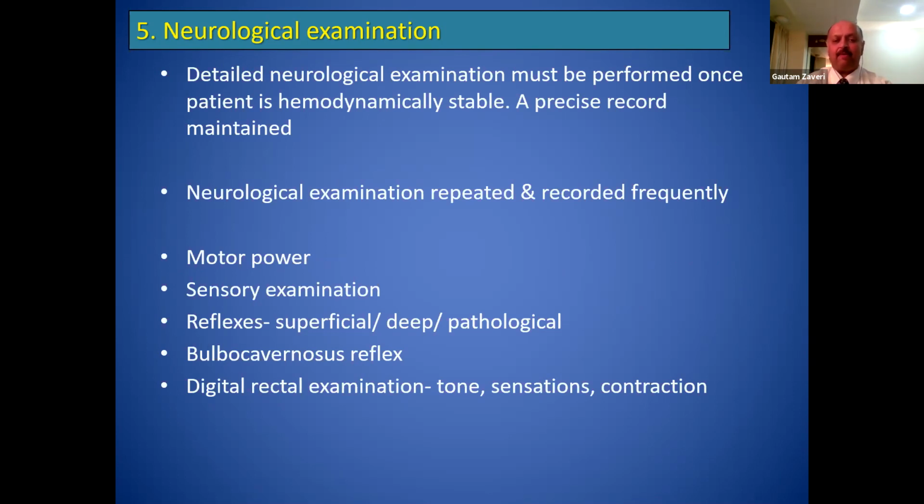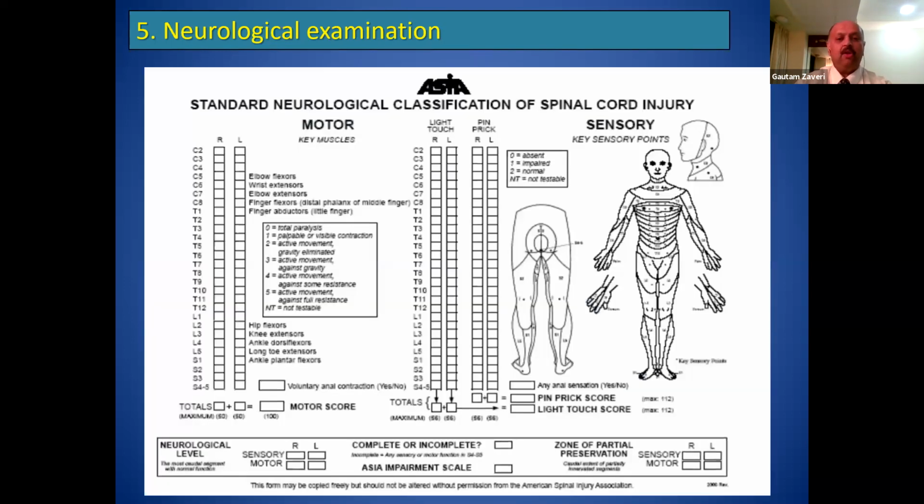Examine the motor power, the sensory examination, look for the superficial and deep and pathological reflexes like the Babinski, or if the neck is injured, a Hoffmann sign. Look for the bulbocavernosus reflex. I will talk a little bit more about that. And do not forget to look for perineal sensations and do a rectal examination.